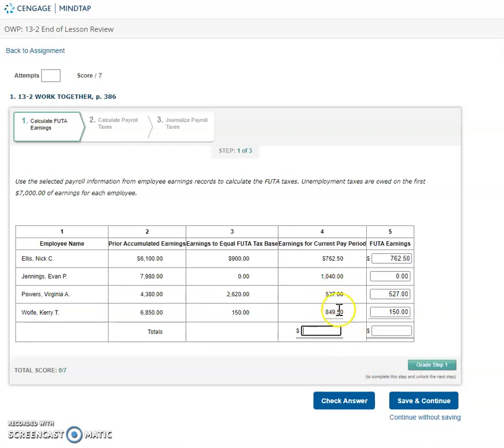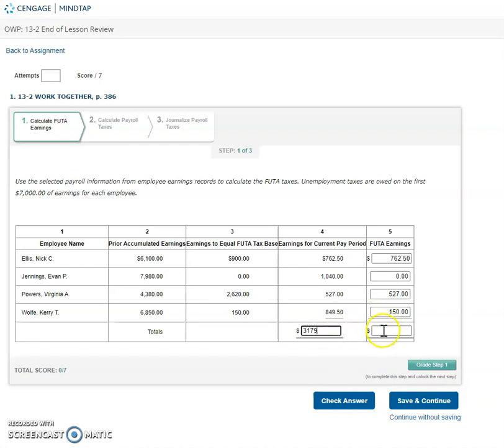Then we are simply going to total up earnings for the current pay period and our FUTA earnings. So for earnings for the current pay period, I get 3,179.